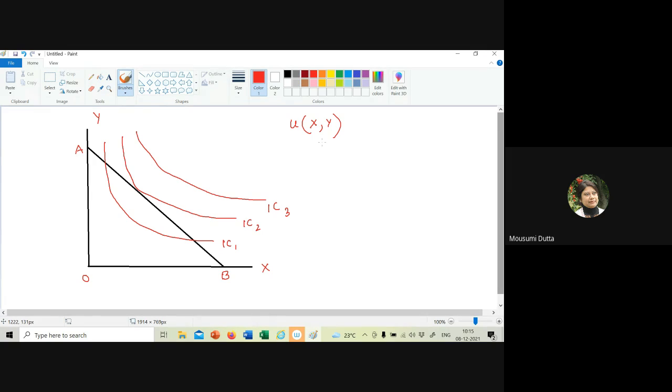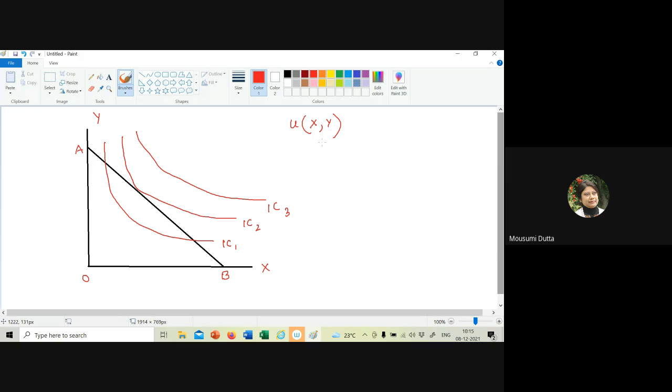Now, if I compare these three curves with respect to my income constraint, I am finding that both IC1 and IC2 are based on feasible solutions.